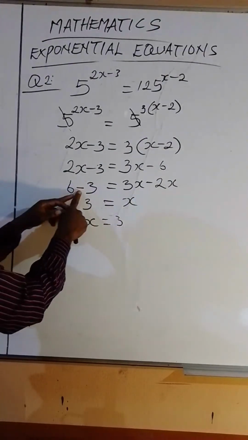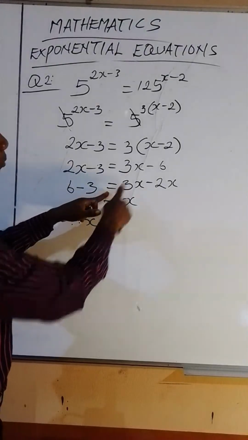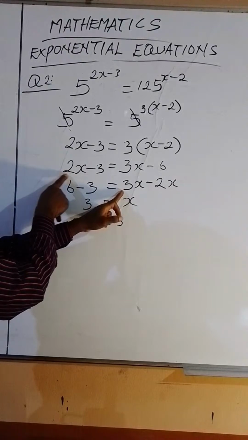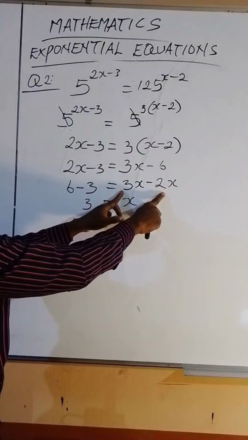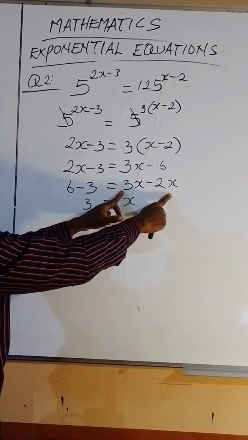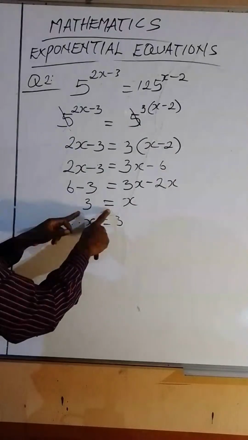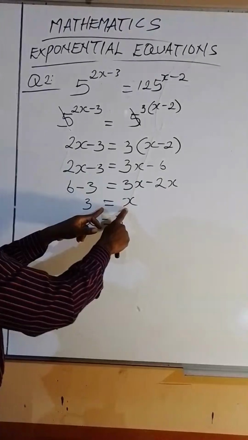Minus 3 did not cross, it has to remain minus 3, then equals, then 3x did not cross, okay, but 2x is plus here. When it is crossing, it changes to minus, so it becomes minus 2x. And 6 minus 3 is 3, equals 3x minus 2x is x.